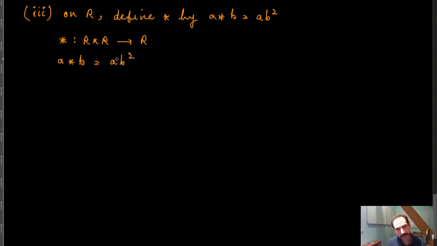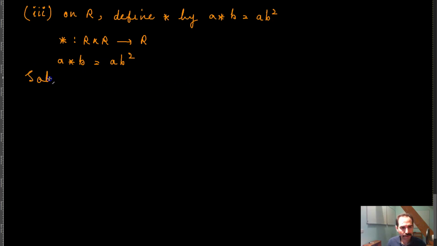So when you multiply two real numbers together, you will get a real number. And so AB squared belongs to the set R as well. So that means that star takes every ordered pair A comma B to a unique image in R, which means that star is a binary operation, right?